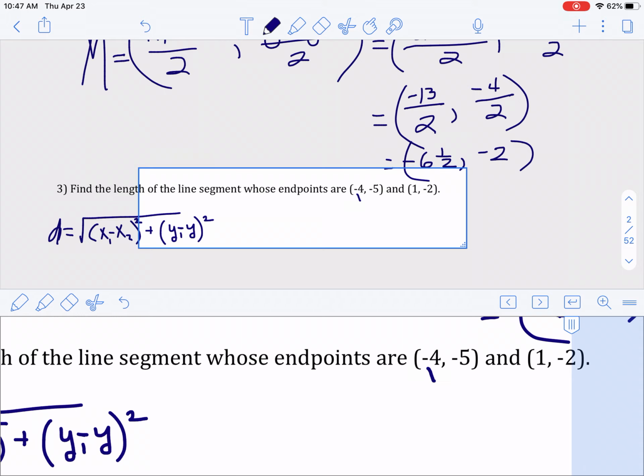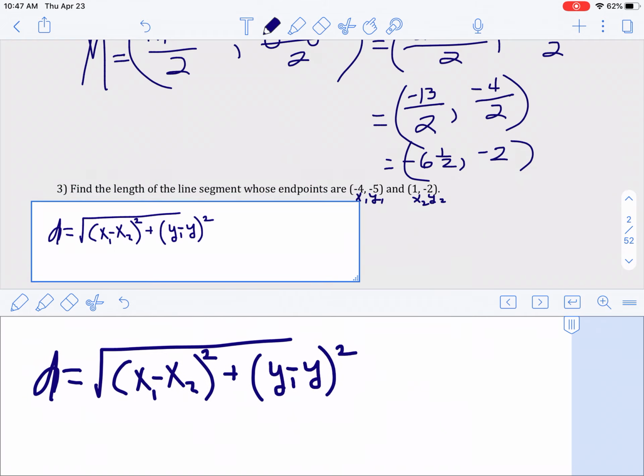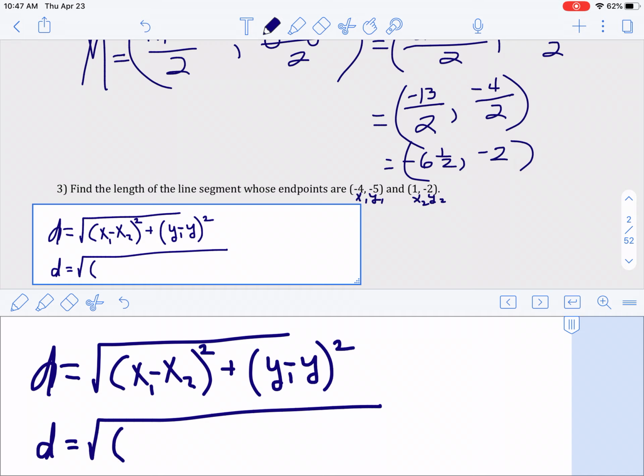So we have x, y, x, y, this could be our 2, and these could be our 1s, okay? And then we're going to have our distance is equal to radical. My x's are -4 plus 1 squared. And my y's are -5.